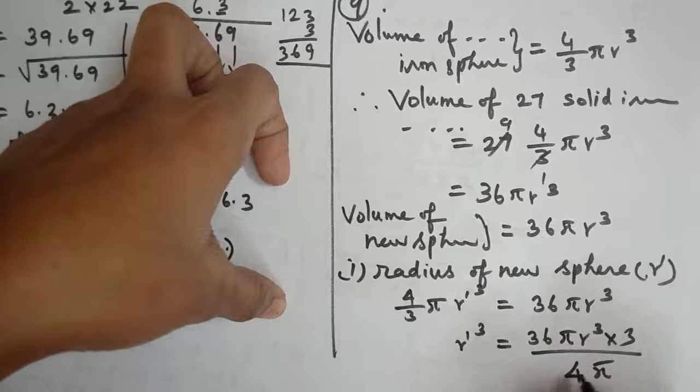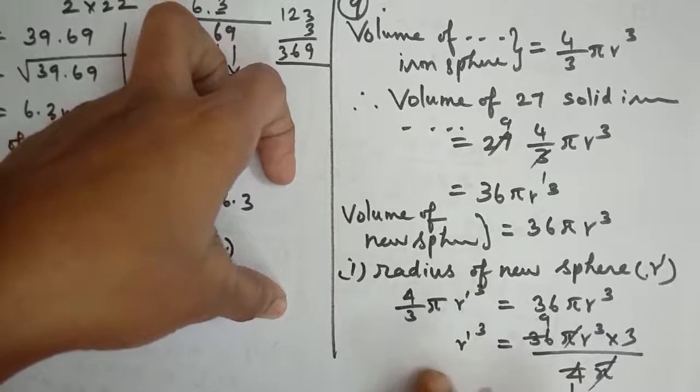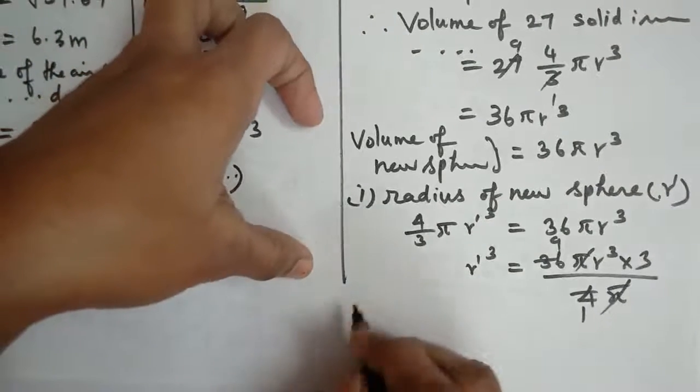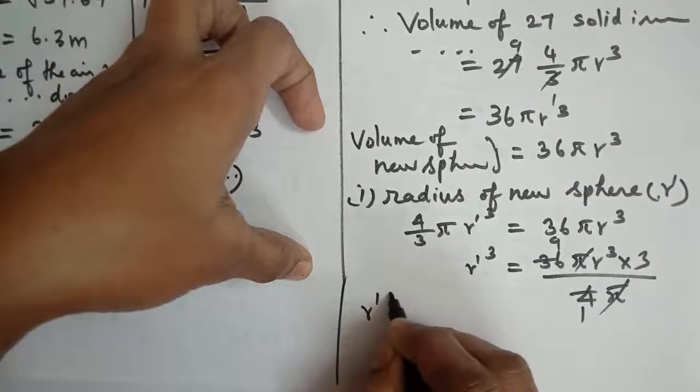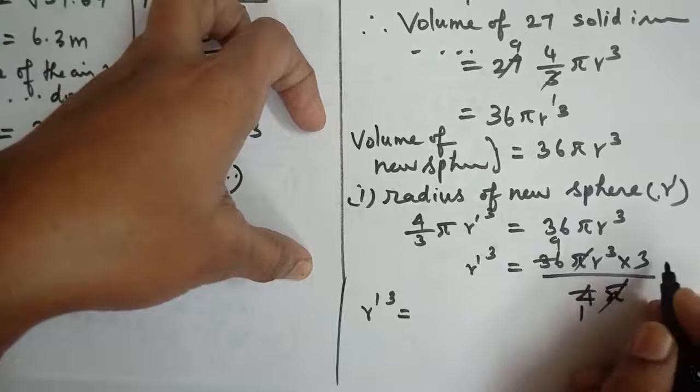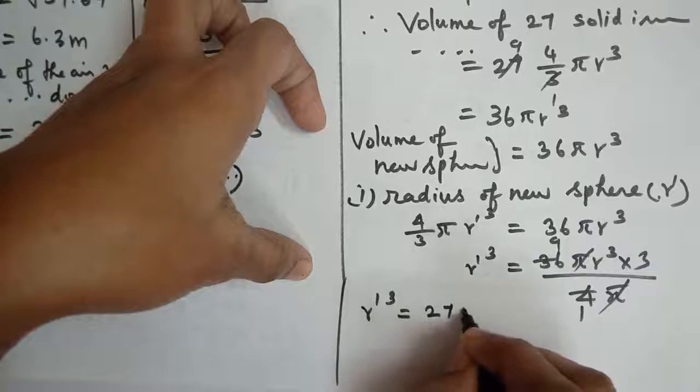Cancel the pi. Here 1, this is 9. Then r dash cube is equal to 9 into 3, 27. So 27 r cube.